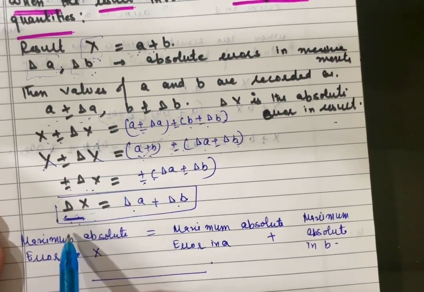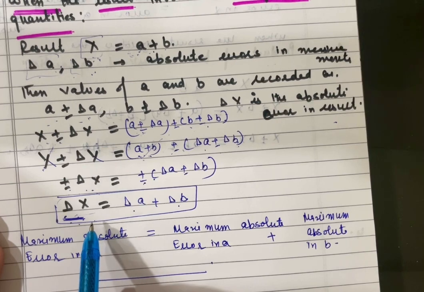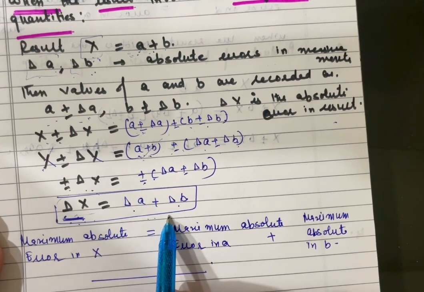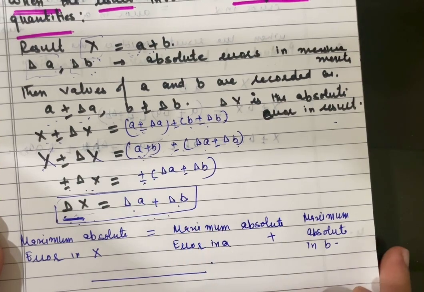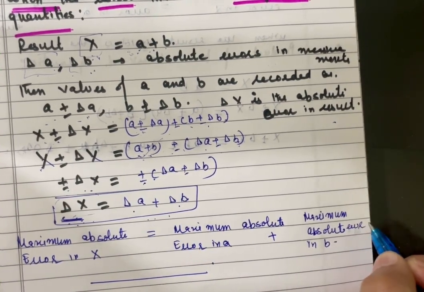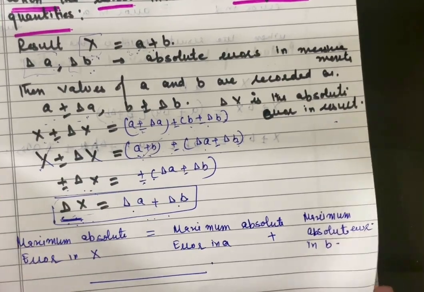So the maximum absolute error in x is equal to the maximum absolute error in A plus the maximum absolute error in B. Okay? That is when the result involves a sum of observed quantities.